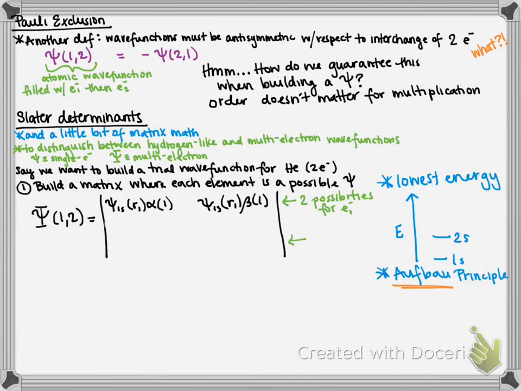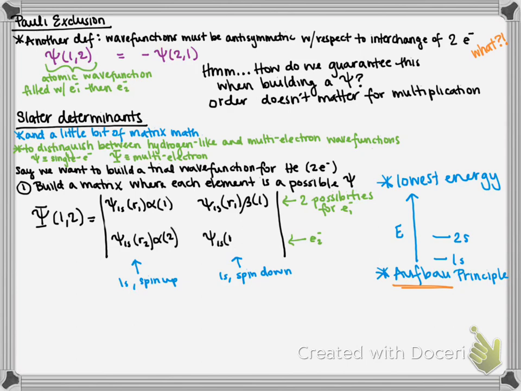So there are 2 possibilities for electron 1. Notice that we put all of the electron 1 possibilities in a single row. The second electron that goes in will go in the second row with both of its possibilities, and we're going to keep it fairly consistent with the first one, in that the first column is going to be 1s spin up options and the second column is going to be 1s spin down options within our matrix.